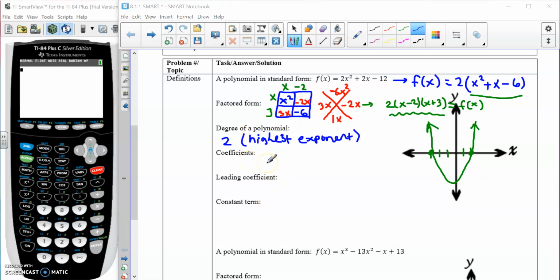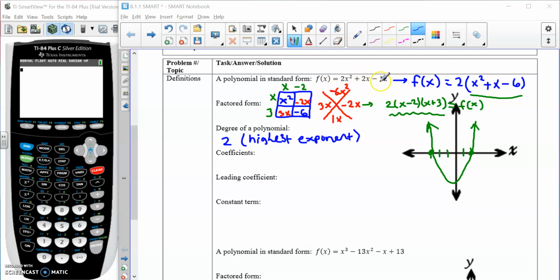All right, the next vocabulary term here to keep in mind is a coefficient. I think we've probably talked about coefficients before, but what that's going to be is the number in front of your variable. So every term that has some kind of x in there has a coefficient, and that's the number in front. So the coefficient here is 2, the coefficient here is 2.